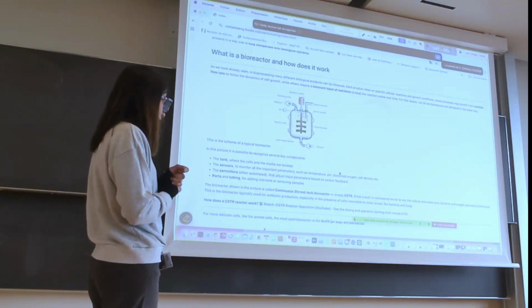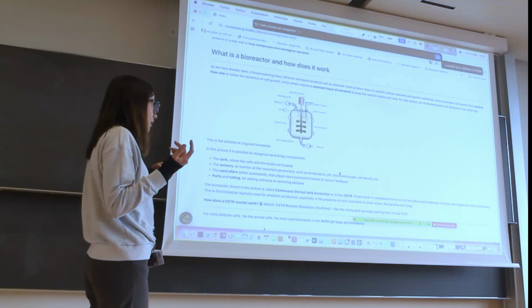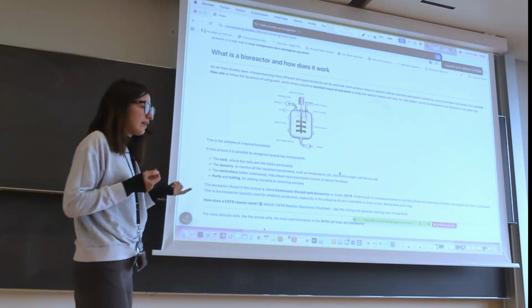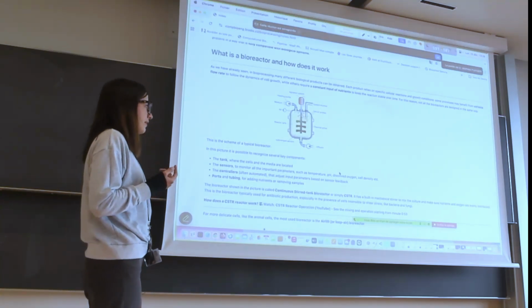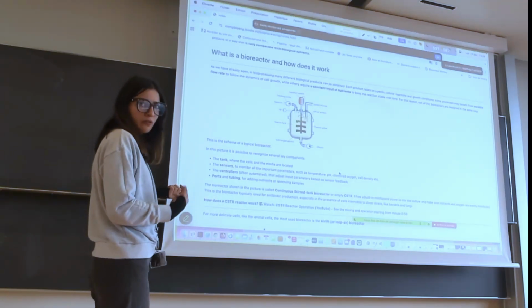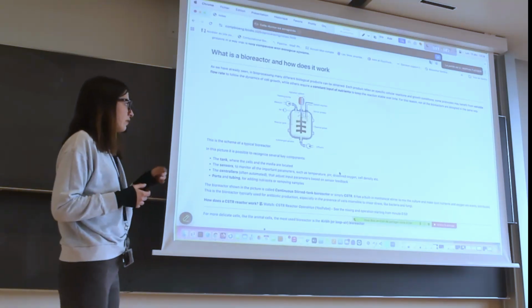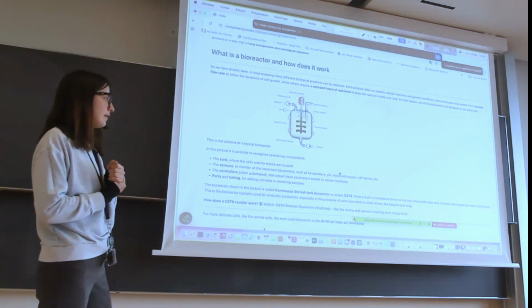But the most important thing for the CSTR is the fan that is used to stir the whole solution inside the tank.